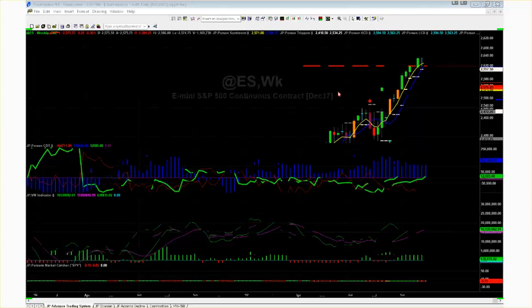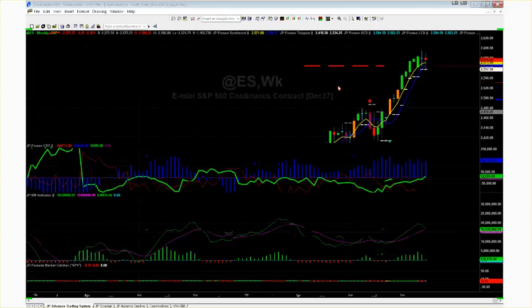Number one, on using the last conditional change type of technique. So let me get this up and share with you what would be an important scenario. So we have an old resistance and an old support.